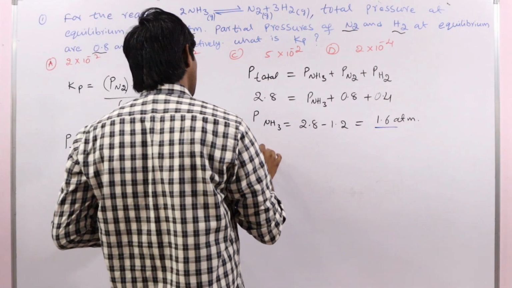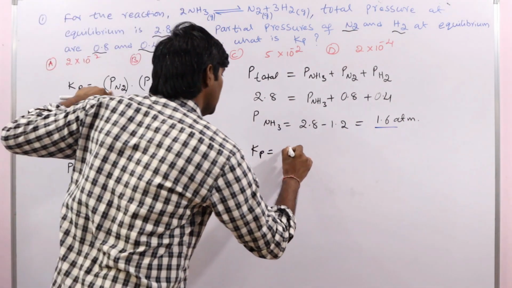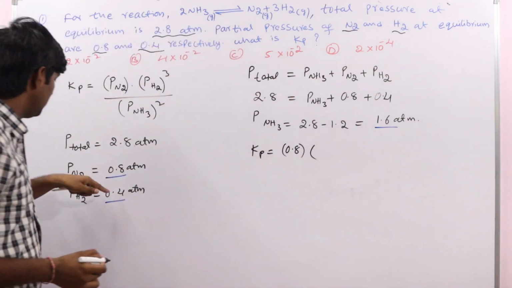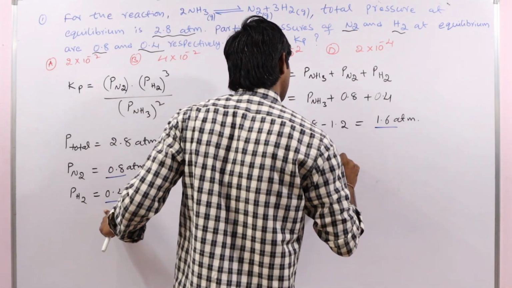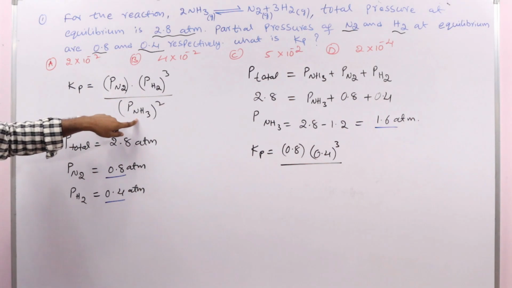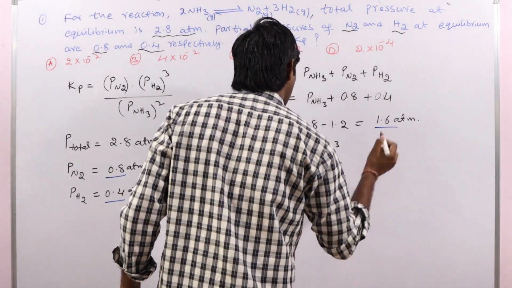So Kp is equal to partial pressure of N2, 0.8, and partial pressure of H2, 0.4 whole power 3, by partial pressure of NH3, 1.6 whole power 2.